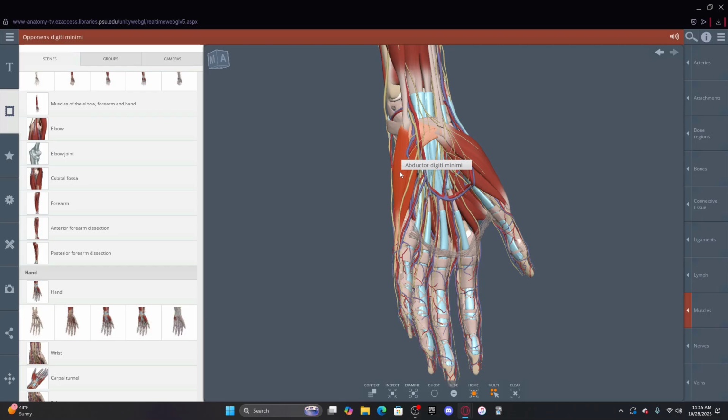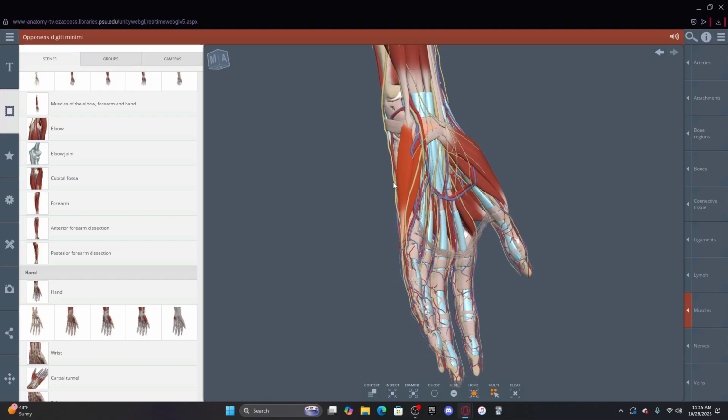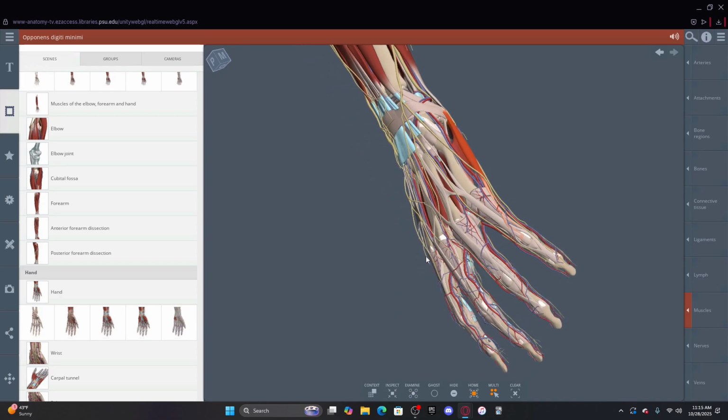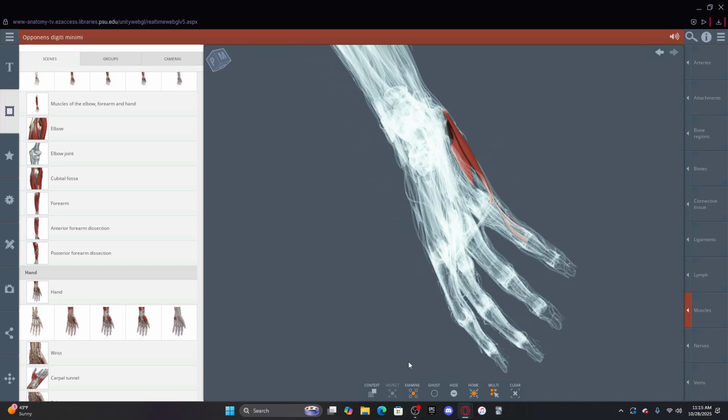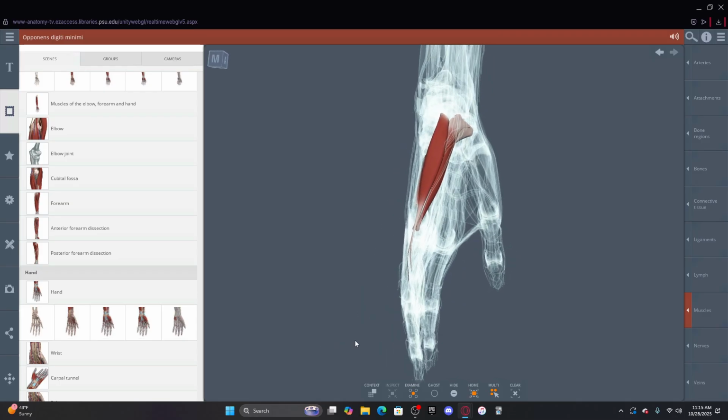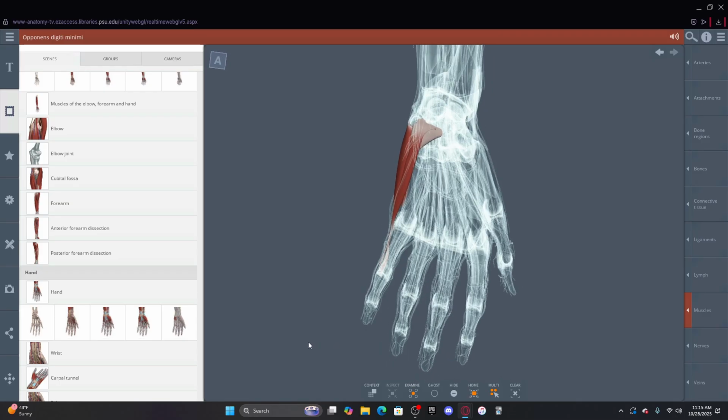These muscles are responsible for flexion, abduction, and slight opposition of the pinky, and are innervated by the ulnar nerve. So all these three are the hypothenar muscles. I selected that last one, but I guess it didn't really select. There we go. So these are the hypothenar muscles on the ulnar side.